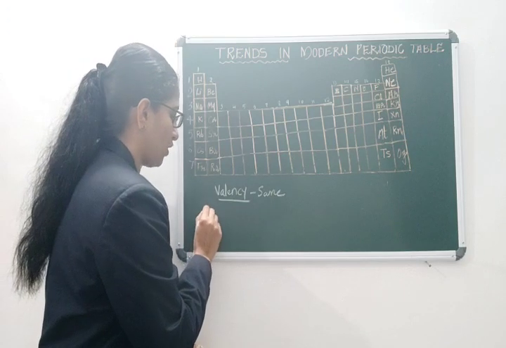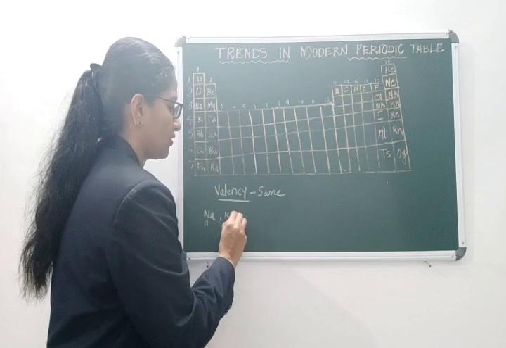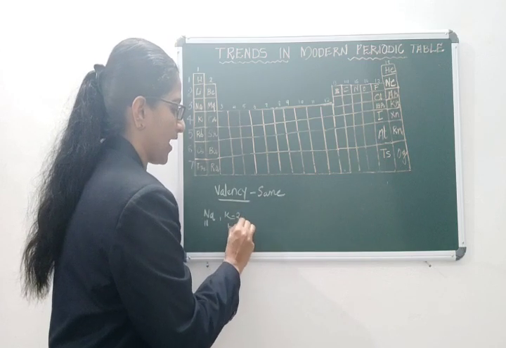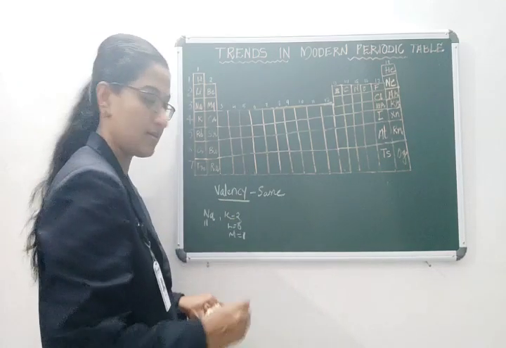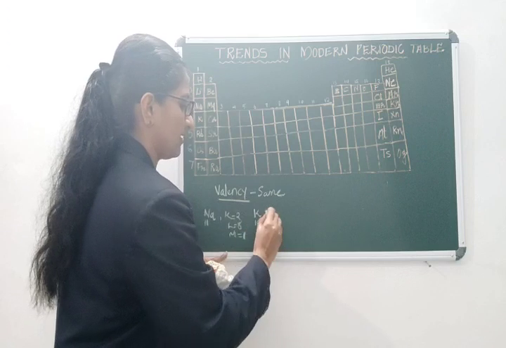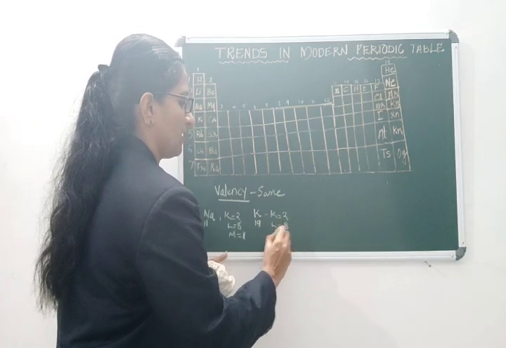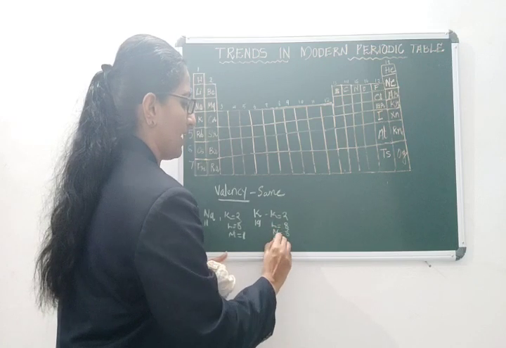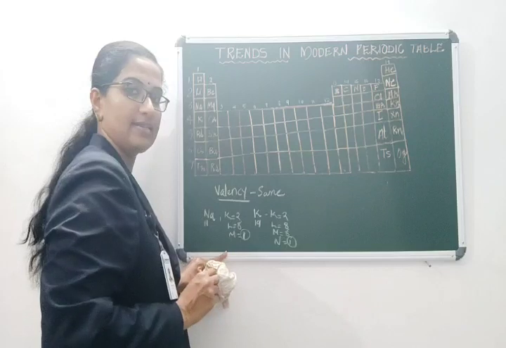If you take the atomic number of sodium, it is 11, so K is equal to 2, L is equal to 8, M is equal to 1. The valency is 1. If you take potassium, atomic number 19, K is equal to 2, L is equal to 8, M is equal to 8, and N is equal to 1. So you can see valency is 1.